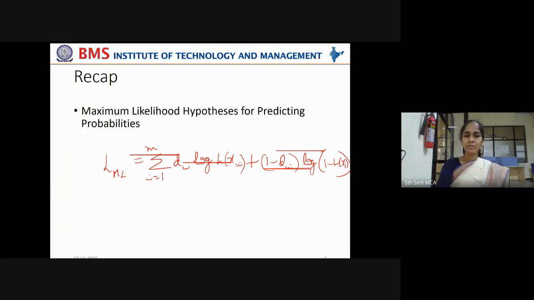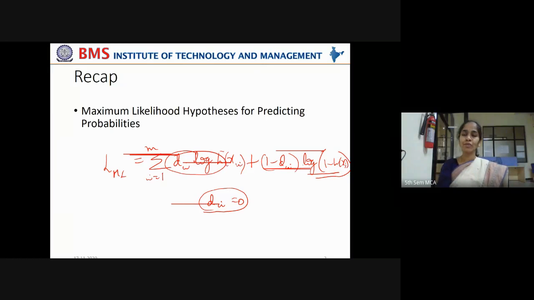Why do we use this? If d_i equal to 0, then we say that the hypothesis doesn't hold good with that particular training example. So whenever d_i is 0, this entire term will become 0 and this term will exist, giving the likelihood of that event not happening, 1 minus h of x_i.